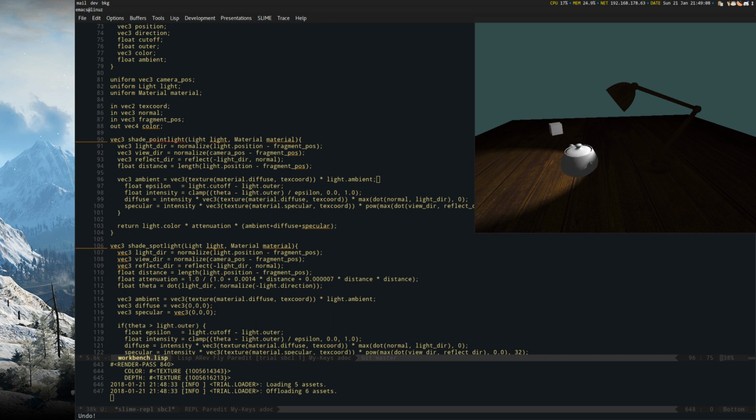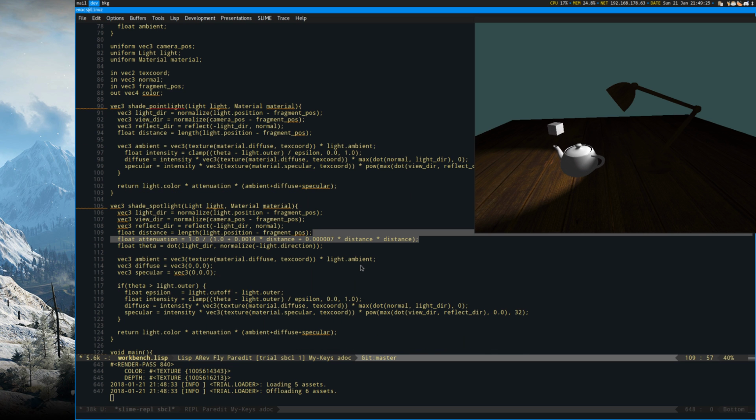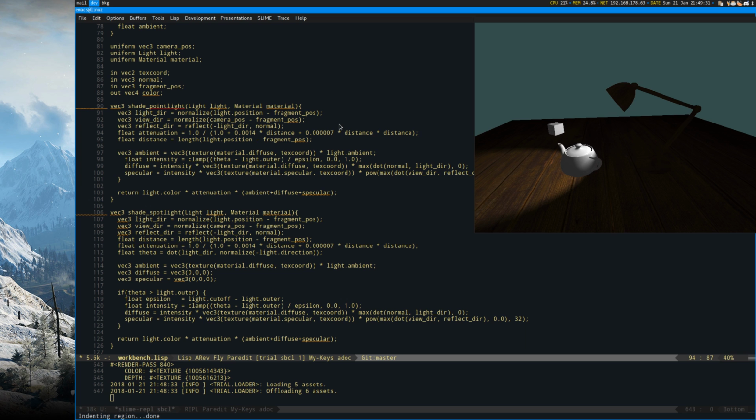What did we have for the intensity? We had the light. Did have the attenuation. Did I delete that? No, I didn't. Never mind.